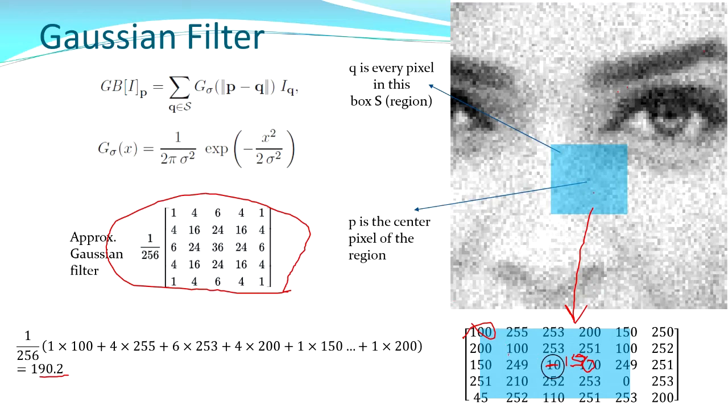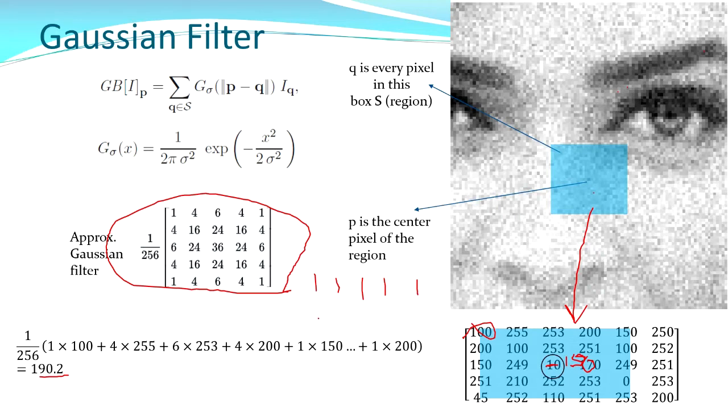You can understand why this is the case, because I am basically taking a sort of weighted average of the values that are surrounding this pixel 10. I could have a standard low pass filter also, which is all ones, giving equal weightage to every neighbor.